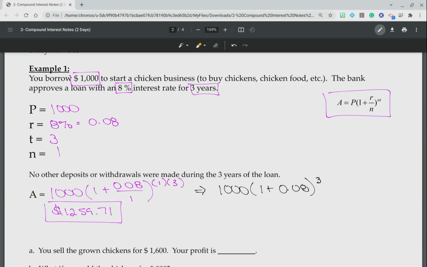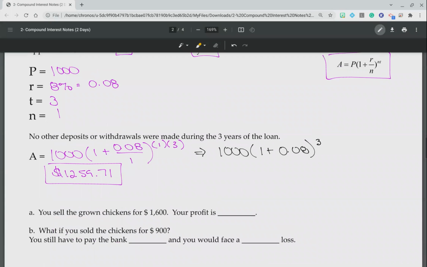Okay. And then we have a couple questions here. It says you sell the grown chickens for $1,600. What is your profit? Well, $1,259.71 is how much money you're paying back on that loan.